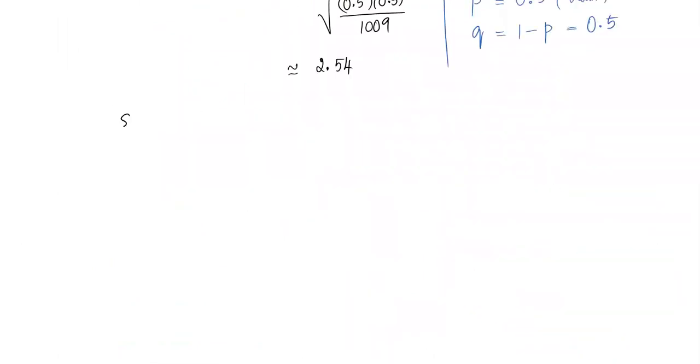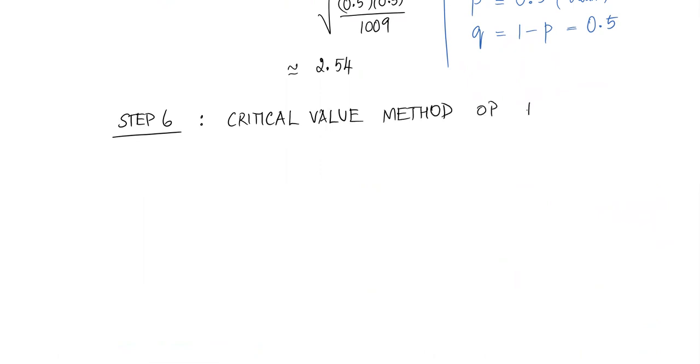I'll just say step 6 is either the critical value method that you use, or the p-value method.